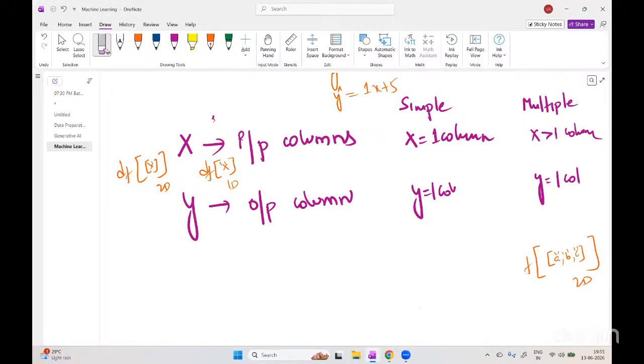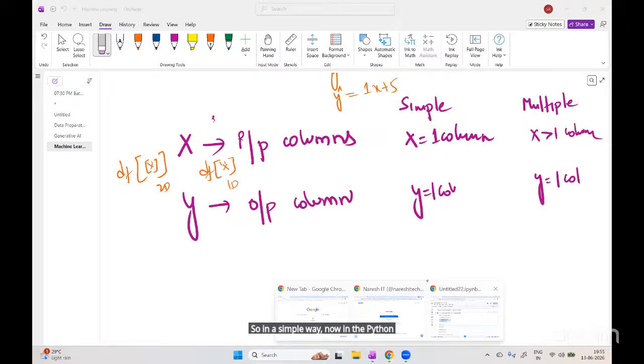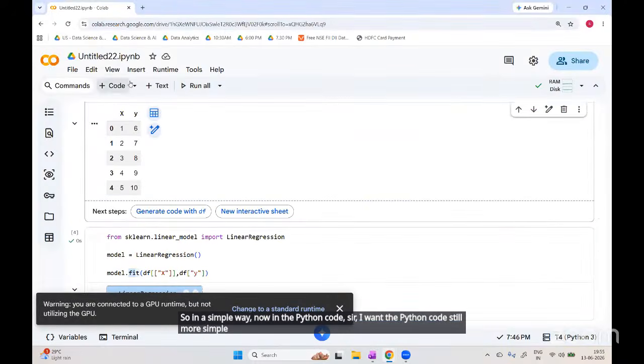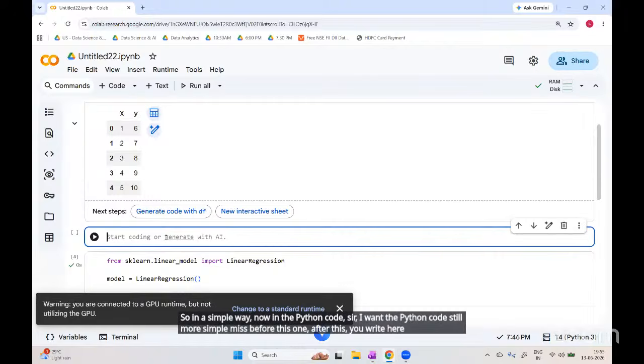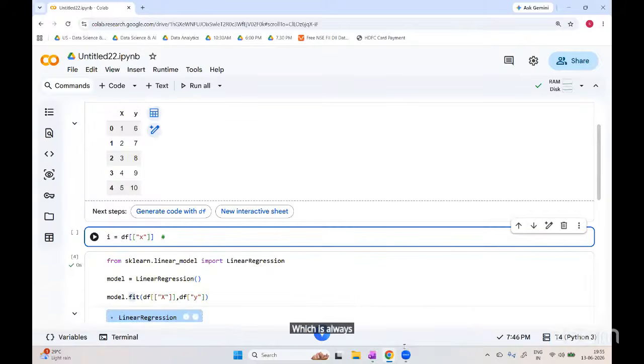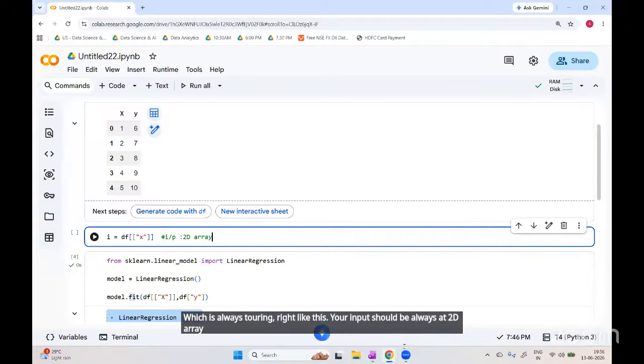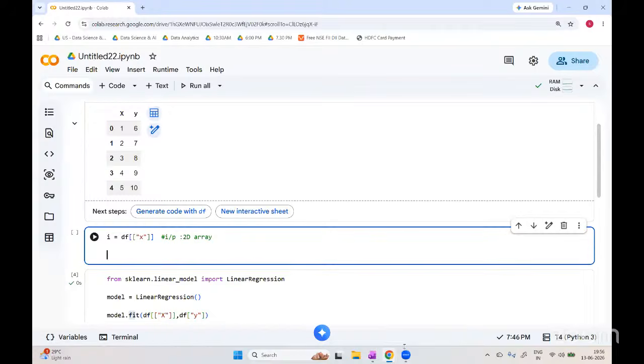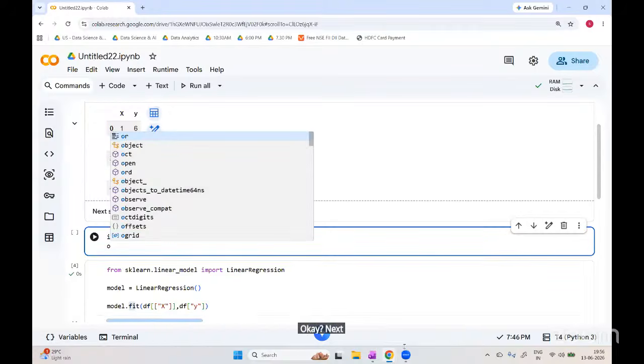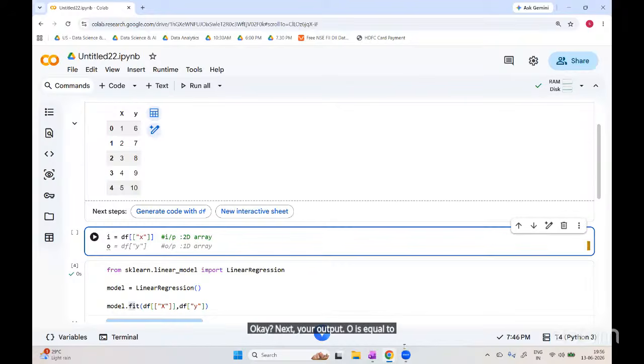So your input should always be 2D. Now in the Python code, write one more line: your input I is equal to df of X, which is always 2D. Your input should always be a 2D array. Next, your output O is equal to df of Y, where output is a 1D array.